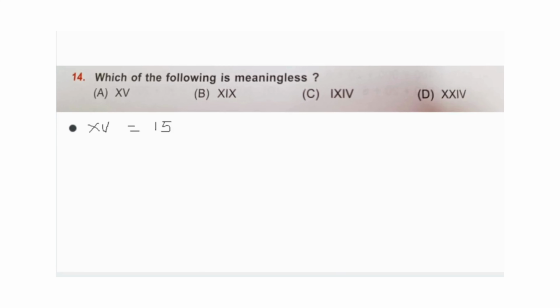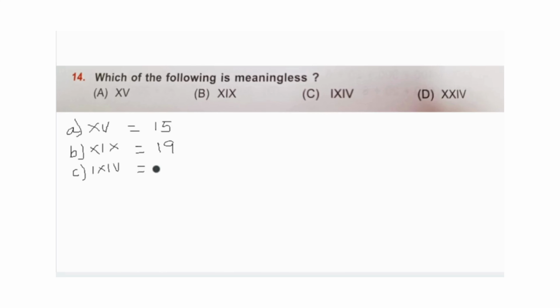Let's go with option B. It's XIX, and the way you can write this is 10 and 9, or 10 plus 9, 19. Let's see option C, which is IXIV.